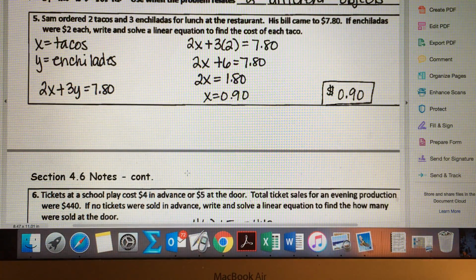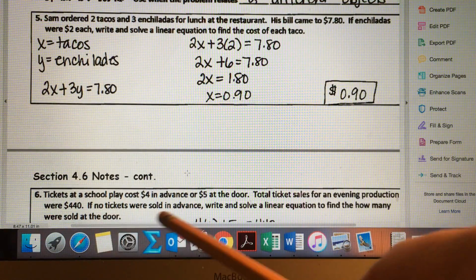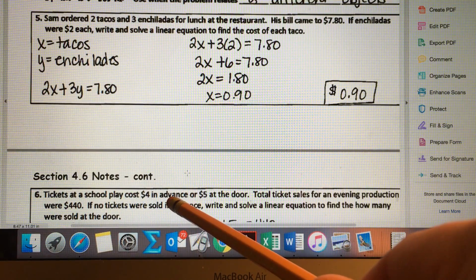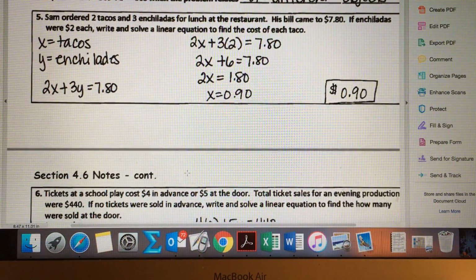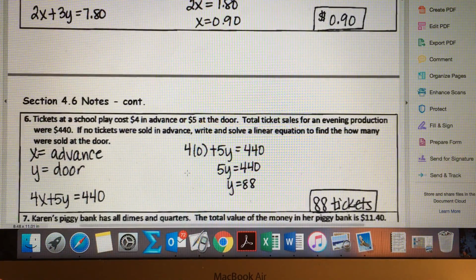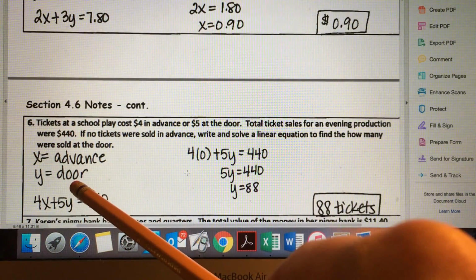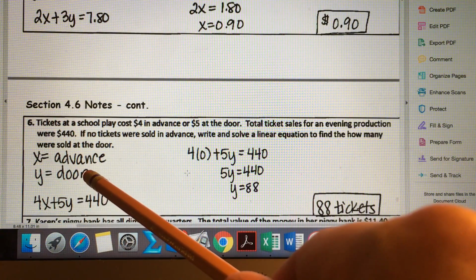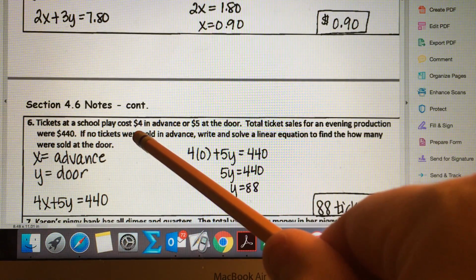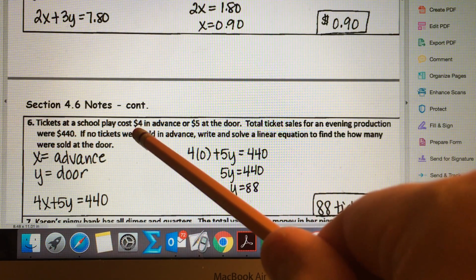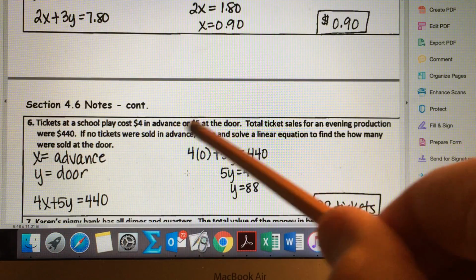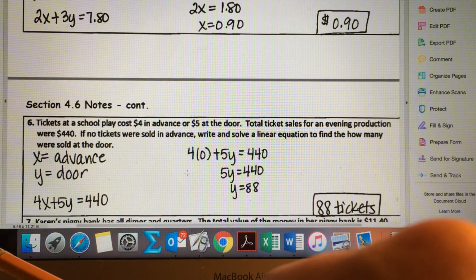So let's say we make x the one sold in advance. So x represents the number of tickets sold in advance, and y represents the number of tickets sold at the door. And notice it also told us the cost of each. So $4 per advance ticket, $5 per ticket at the door.